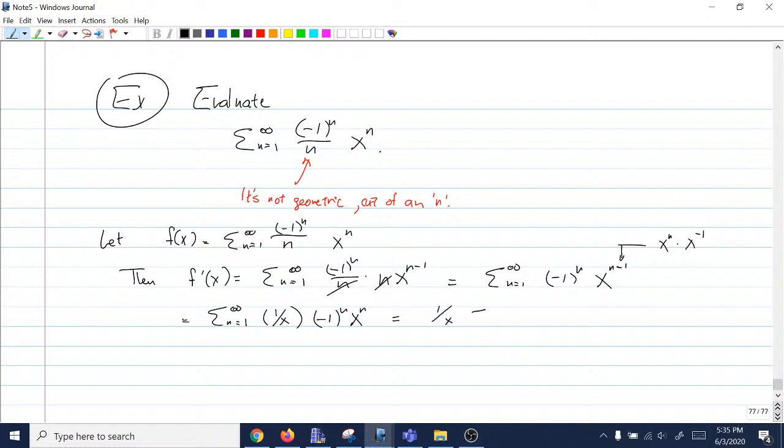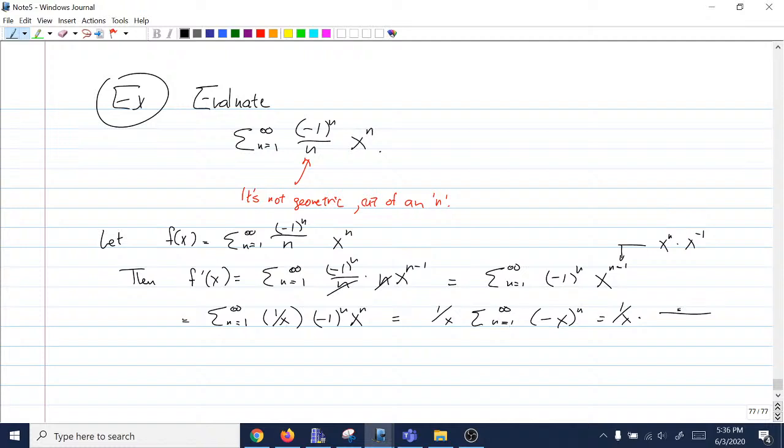I'm going to factor that 1 over x out. I get -1 to the n, x to the n, that's -x to the n. And now it's geometric. And I know this equals 1 over x times first term. What's my first term? This thing starts at n equals 1.